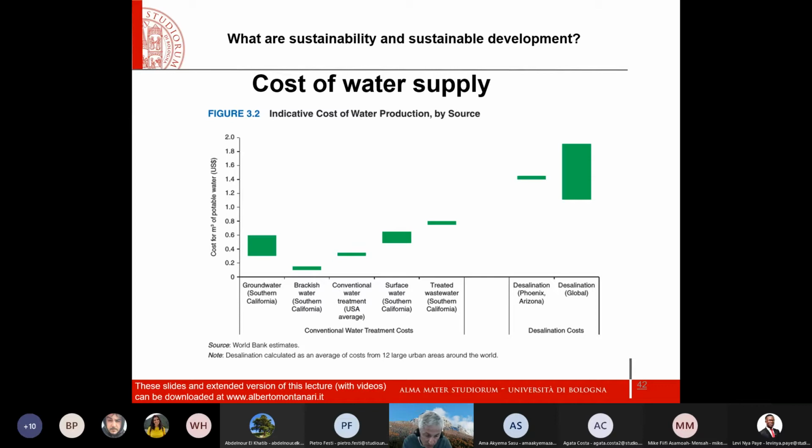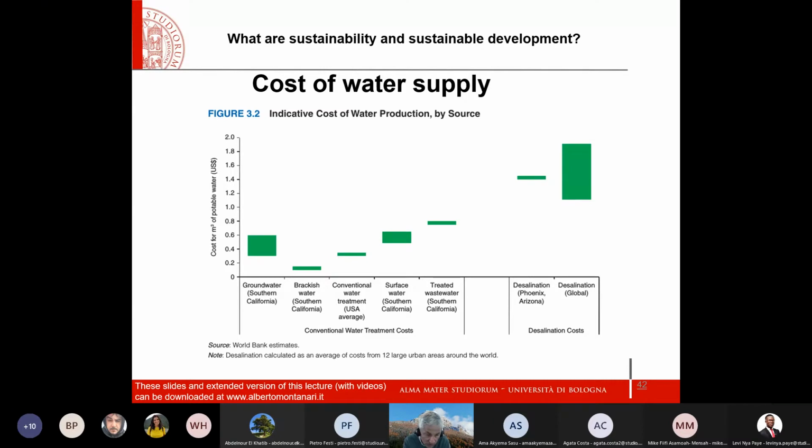On the left, look at the bottom of the slide, conventional water treatment costs, and on the right, desalination costs. So about the conventional water treatment, you see the average cost, which is the third column, counting from the left. This is the average of all the 5 categories of conventional water treatment. It's the average cost in the USA of conventional water treatment.